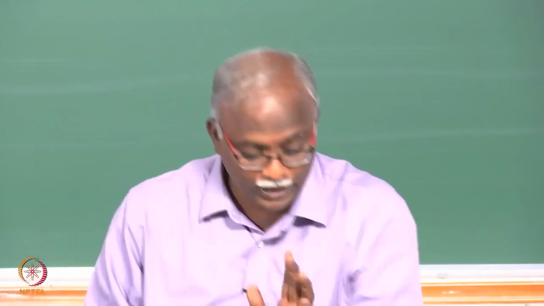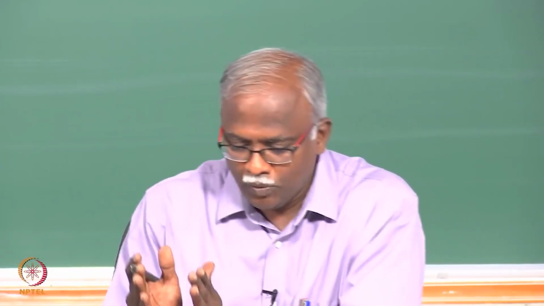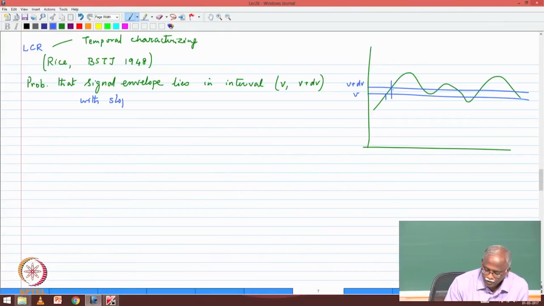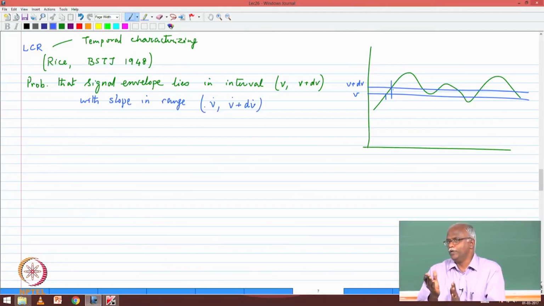Again, instances of both can happen. So, he also bounded the rate at which it crosses, with slope in the range V dot to V dot plus dV dot. Okay. So some slope, and within that, a certain margin.